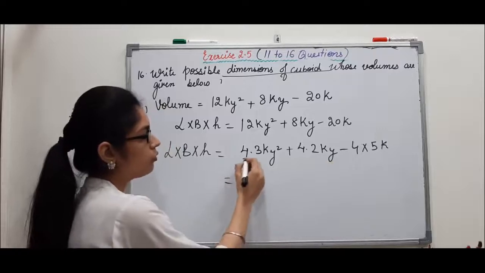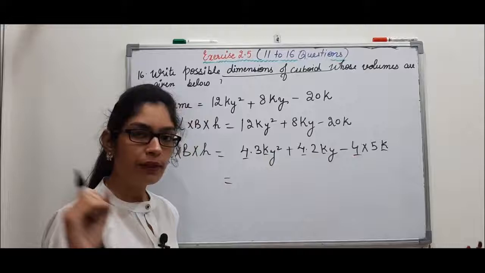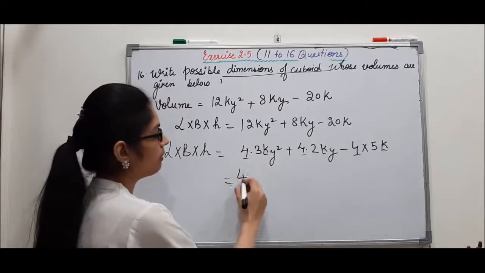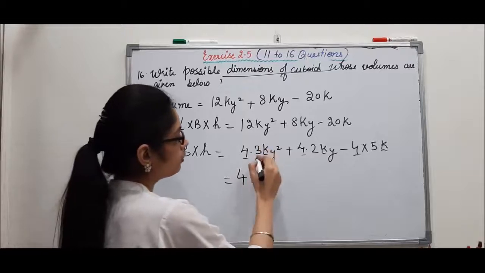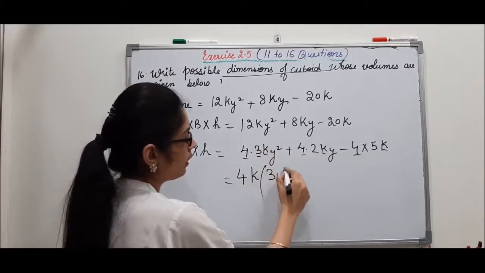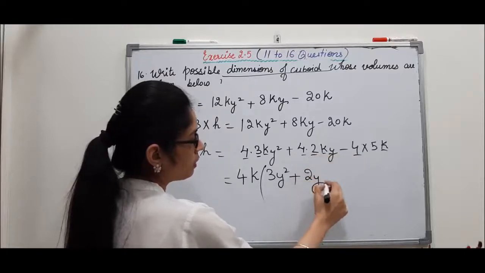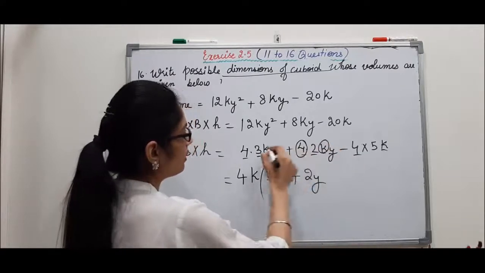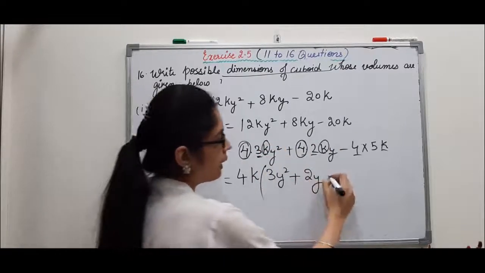Now we can see 4k, 4k and 4k. 4k is present in all the three terms, so I will write 4k outside. The remaining terms I will write now: 3y square plus 2y, only, because 4k I have already written out. So the remaining terms you have to write now, minus 5.